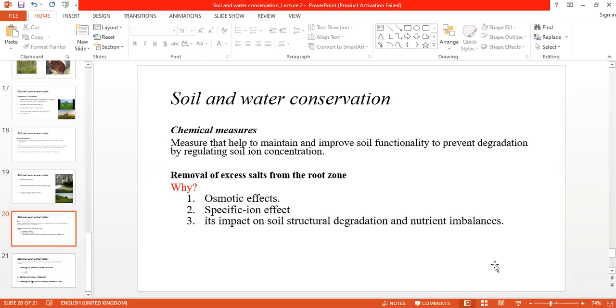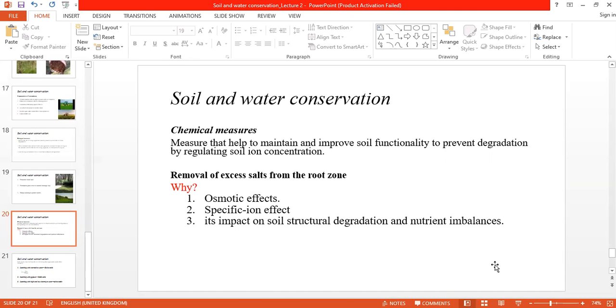These involve the use of a chemical to prevent physical degradation, or we want to reduce the effect of a chemical on soil degradation.